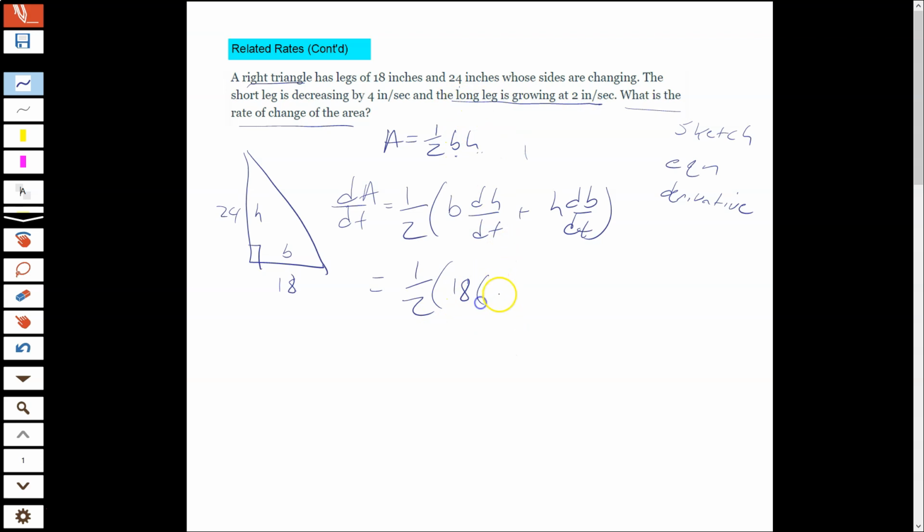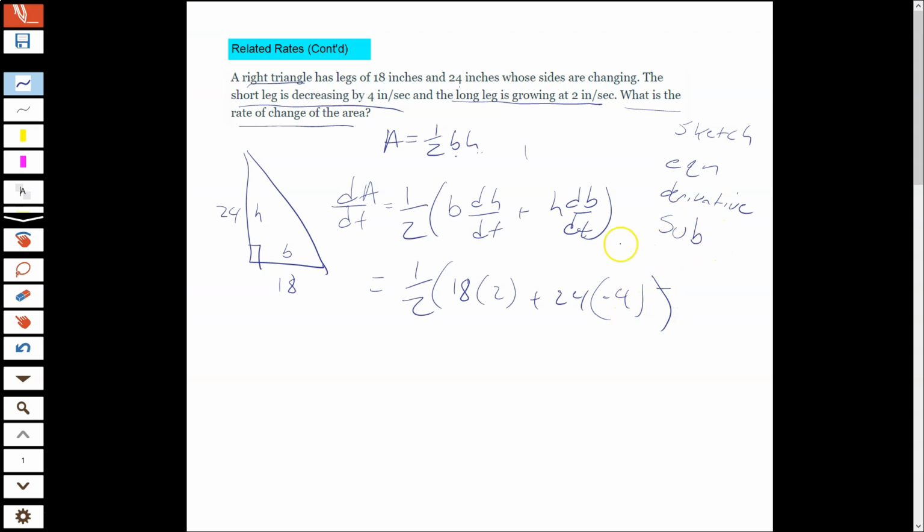So growing is positive, 2 inches per second is just 2, it's constant. Then h, 24, so that's the height of my triangle, plus how fast the base is changing. So it says the short leg is decreasing by 4 inches per second. So -4 is my derivative there. Okay, so I've substituted and solved as my last step.